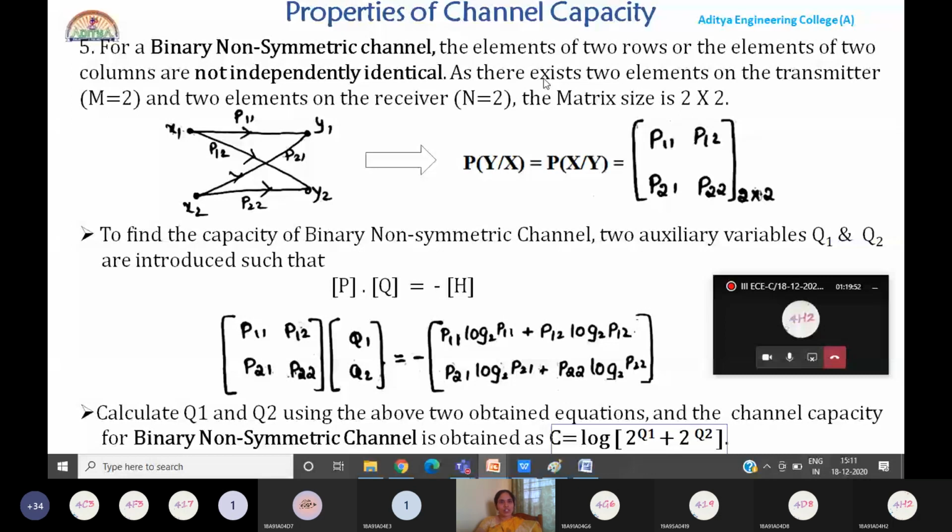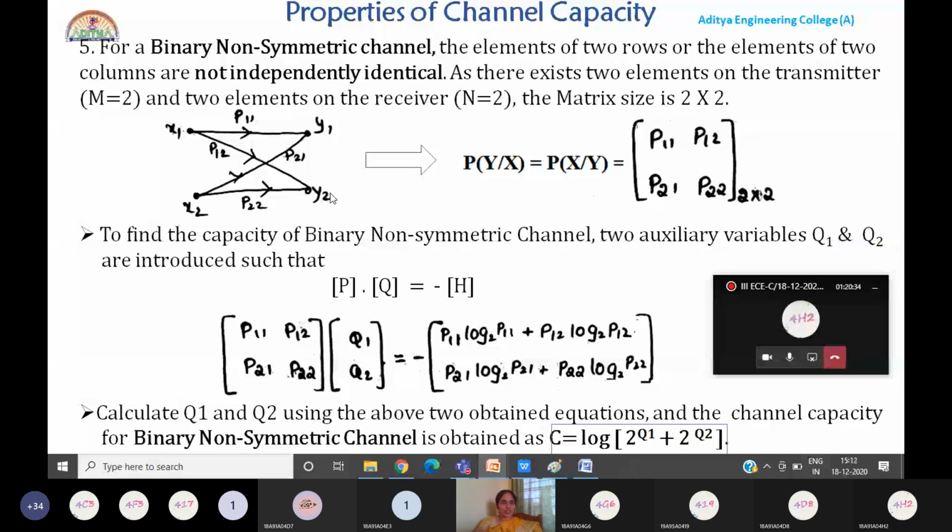So for a binary non-symmetric channel, because it is a binary channel, once again here the number of elements on the transmitter is 2 and the number of elements present on the receiver side is also 2. So here m is equal to 2. So let us consider the elements the same as in the BSC channel, that is binary symmetric channel. So take the elements as x1, x2 on the transmitter, and on the receiver please consider the elements as y1 and y2.